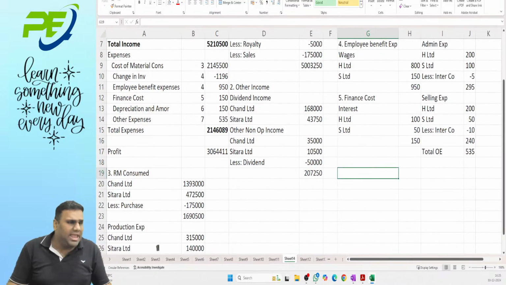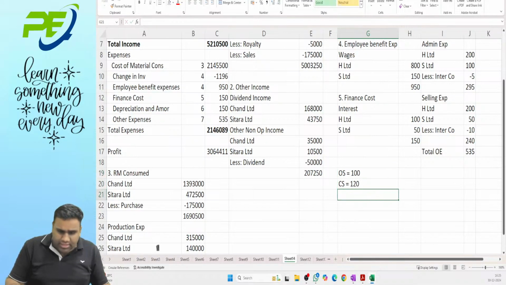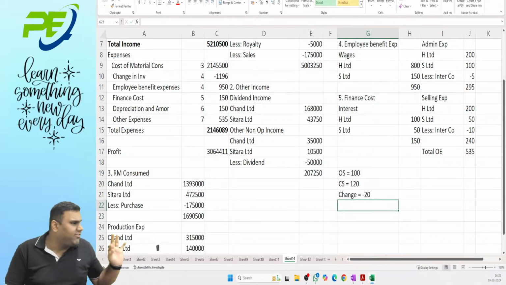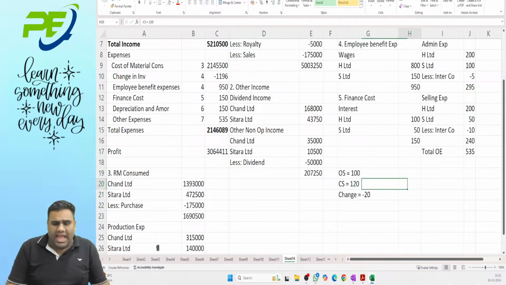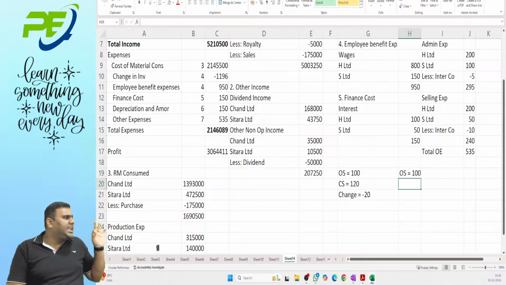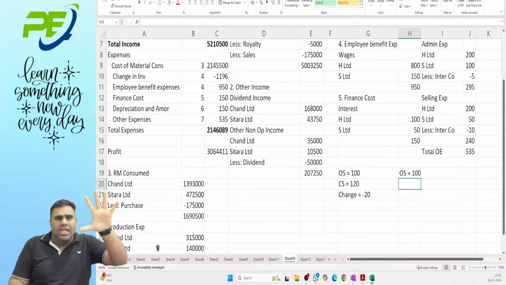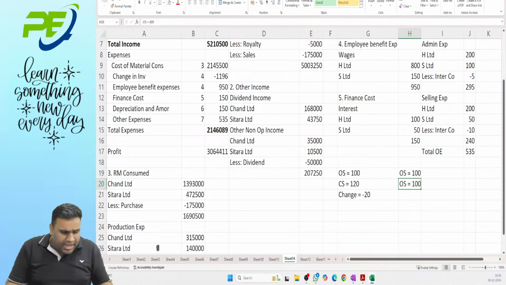Last time, same example I gave, I'll repeat again. Opening stock 100, closing stock 120. So change is minus 20. But I am telling you there is an unrealized profit of 5 rupees. Now closing stock will not be the same 120; it will reduce to 115.